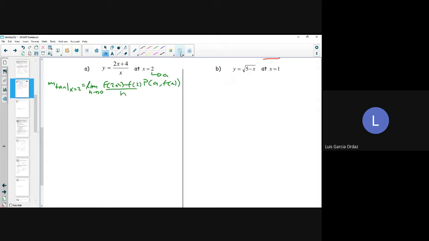all over h. The reason why this one might be a bit more difficult is because we're dealing with a rational function. Okay, and we all know rational functions are pretty annoying, mainly because of the denominator.